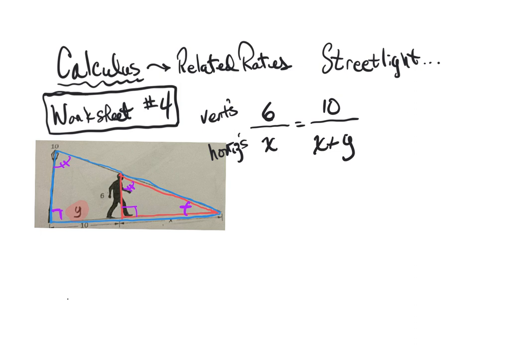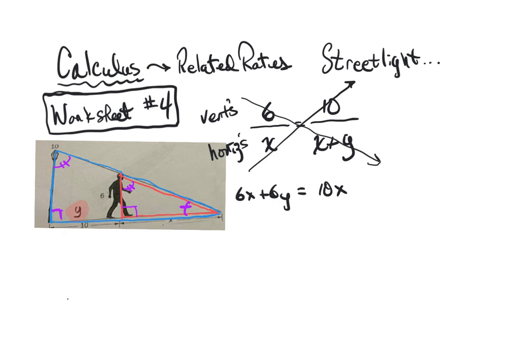The algebra I would suggest is to cross multiply, because we have a proportion. So multiply 6 times X and 6 times Y. Cross multiplying the other way, we get X times 10. All of a sudden we have something that's way easier to look at, no fractions, and taking a derivative would be crazy simple.